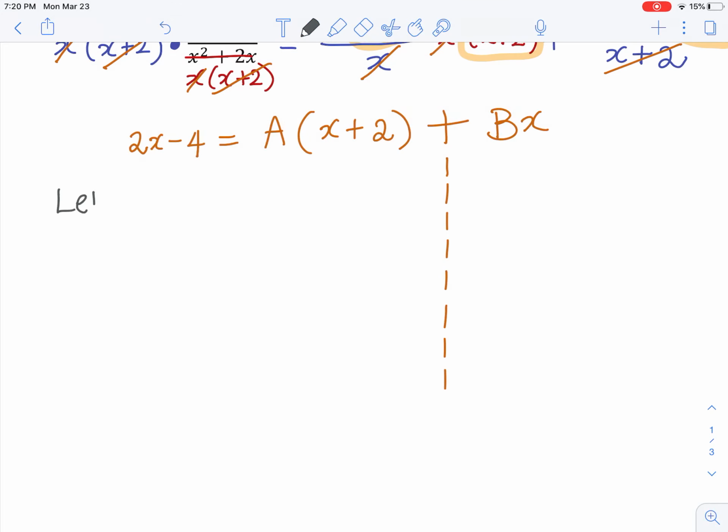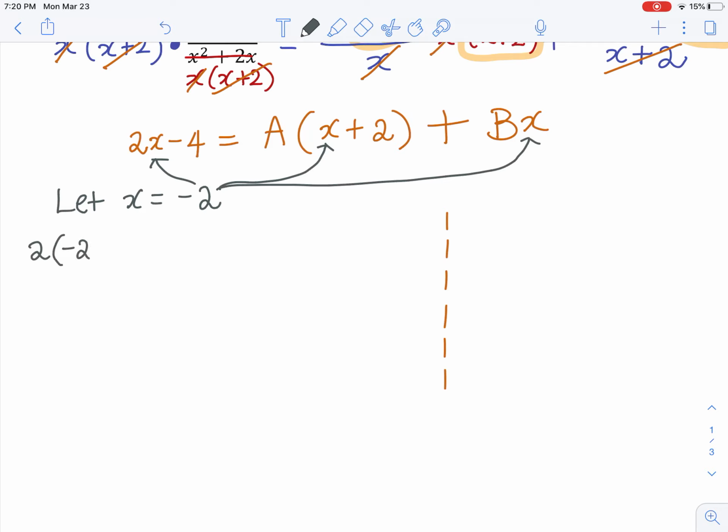What would you like to set x to be? Let x equal -2. Why? Because if you plug in -2 here, -2 plus 2 will give you 0, and a times 0 will just be 0, right? So let's plug in x equals -2 everywhere you see x.